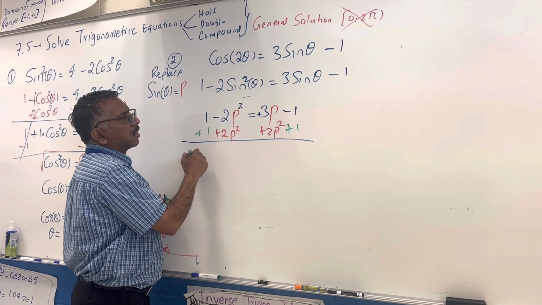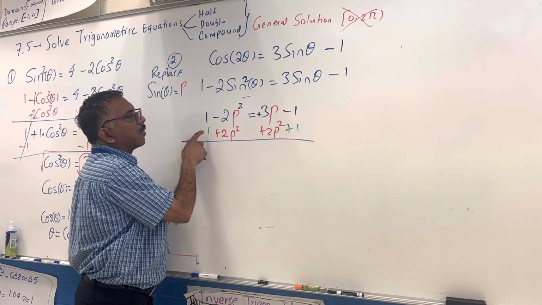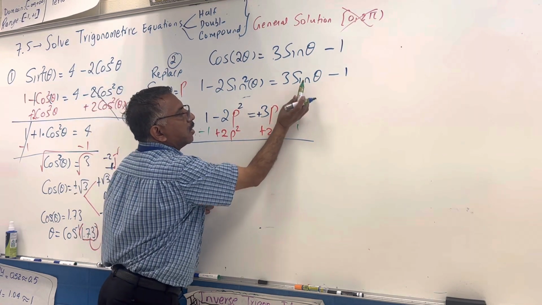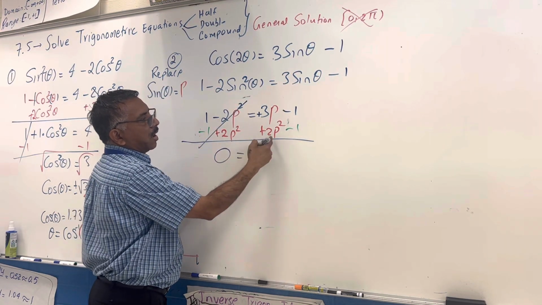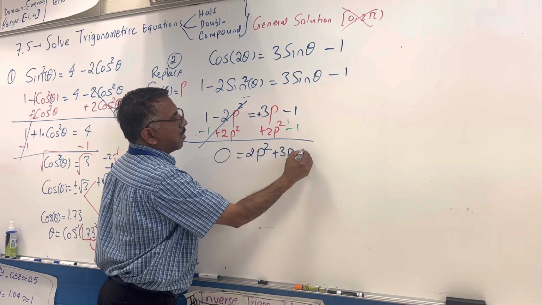Wait a minute, what did I do? Oh, I'm doing the opposite here. I want to get a 0 here, so we will subtract this. So this goes away, everything becomes 0, and you get 2p squared plus 3p minus 2.